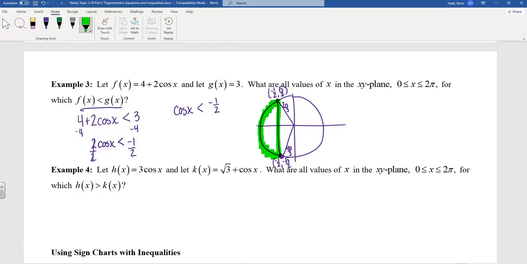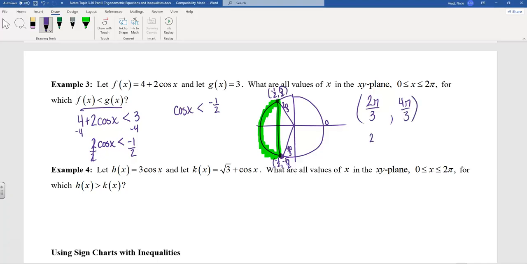So again, as you were giving your answers, you always want to start over here at 0, go around the circle, so 2 pi over 3. This time, I have just a less than sign, so I want to use parentheses. And then all the answers are from 2 pi over 3 to 4 pi over 3, like that.